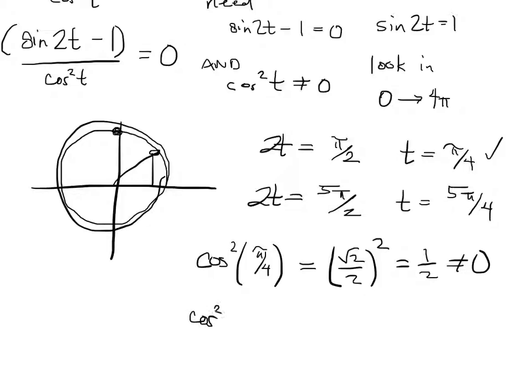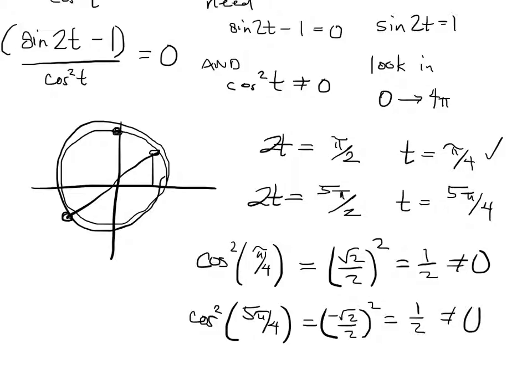And cosine squared of 5 pi over 4 would be this one over here, which is negative root 2 over 2. Still not 0. So both of these solutions check out. And there you have it. t is pi over 4 and 5 pi over 4.